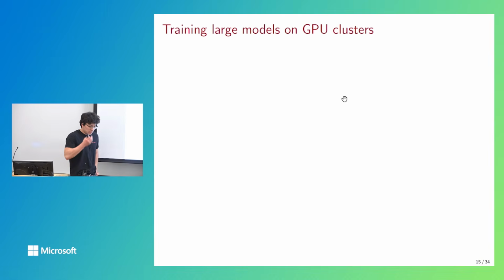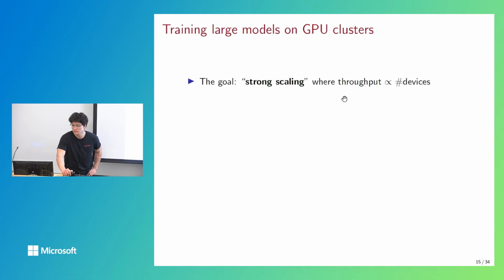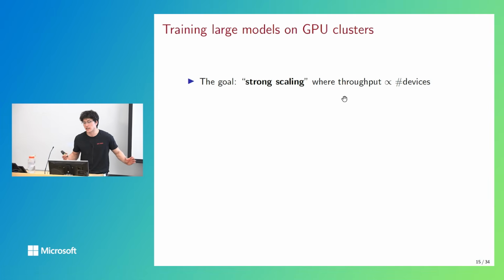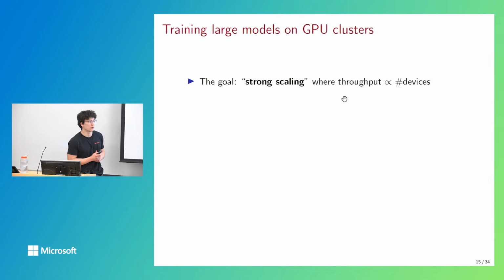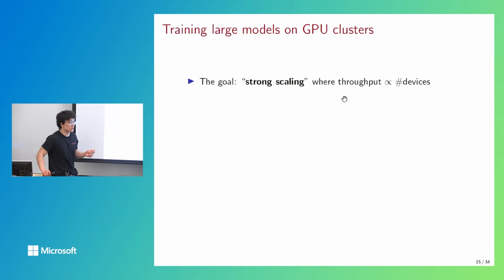So to set the stage for the discussion, how are large models trained on GPU clusters? The goal here, precisely, is strong scaling, where you want to increase the throughput of the entire training proportional to the number of devices you put in, right? Intuitively, if you put more GPUs into training, you want to get more out of the training.